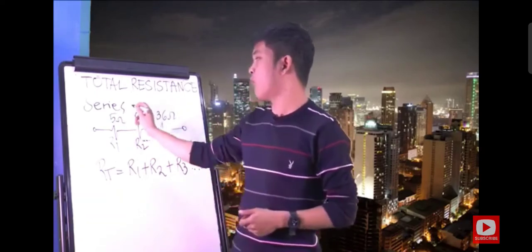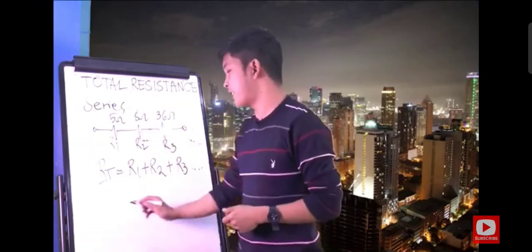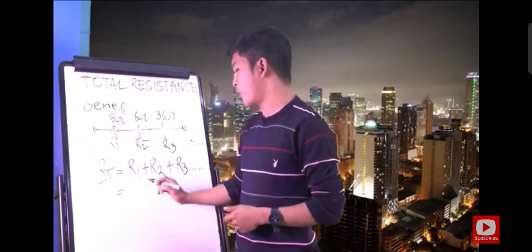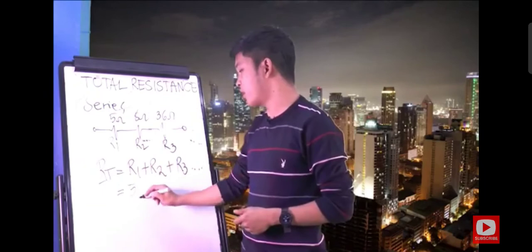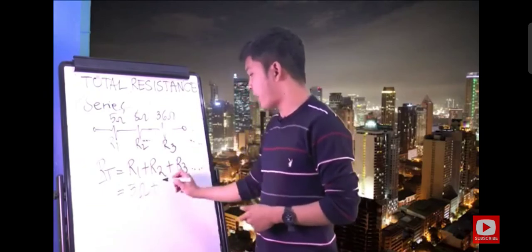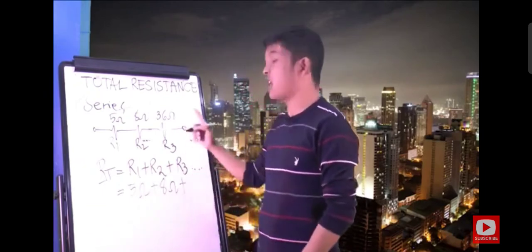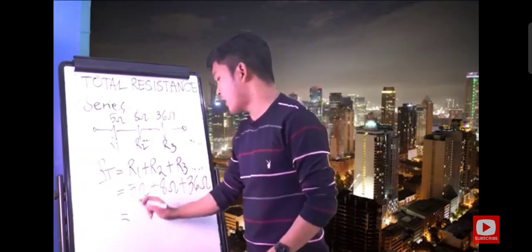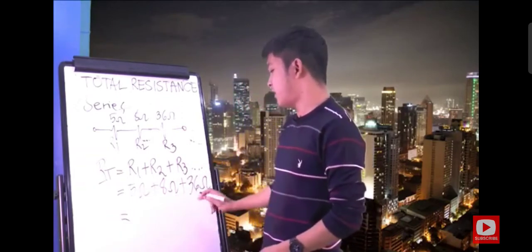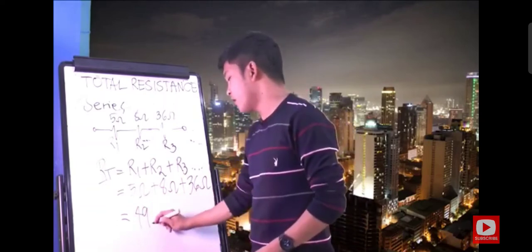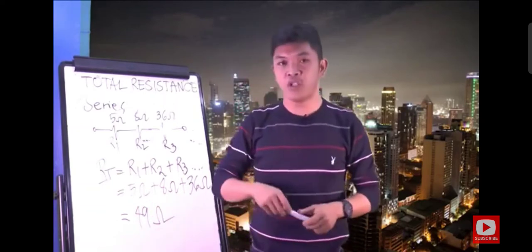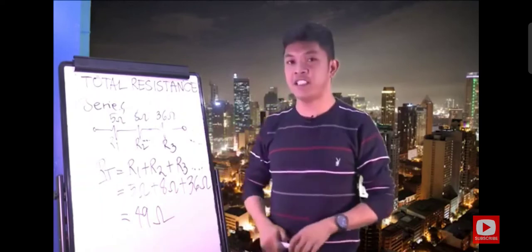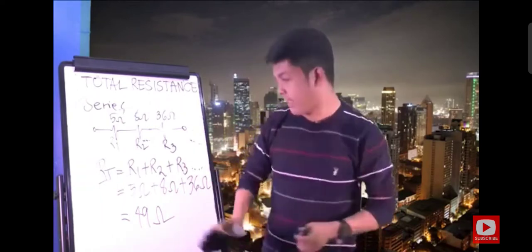So para makuha yung sa series, sabi ko, i-add lang natin. Our total is equals to R1, 5 ohms, plus, ilan yung R2? 8 ohms, plus R3, 36 ohms. Equals 5 plus 8, 13 plus 36, 49 ohms. Ganun lang yung pagkuha ng total resistance sa series. I-add nyo lang lahat.